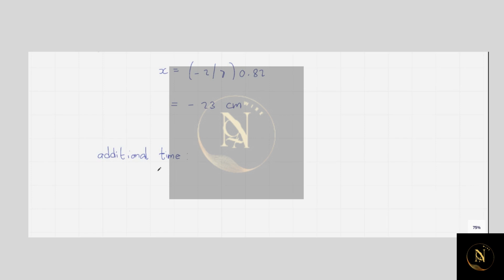The additional time will be 0.23 meters divided by 10/7 meters per second, and this is equal to 0.16 seconds. So at this time, 0.82 plus 0.16, the two particles are at the same position.